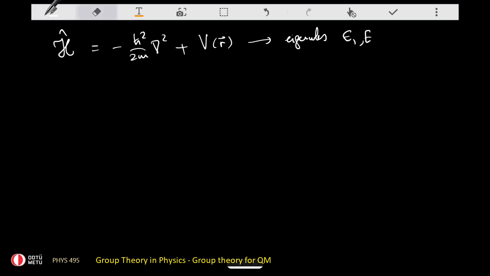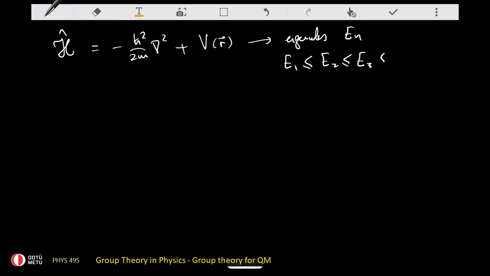We have this Hamiltonian operator. It usually is in the differential operator form, but it doesn't matter what it is. I'm going to call the eigenvalues E sub n, and I'm also going to assume that they are ordered in increasing order.